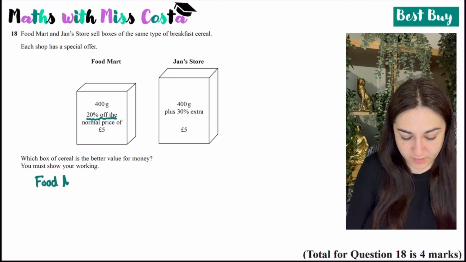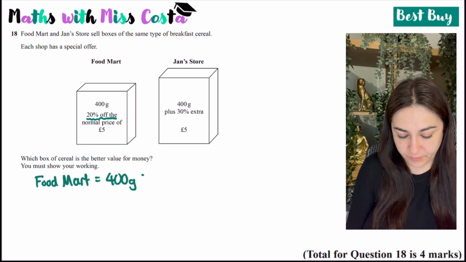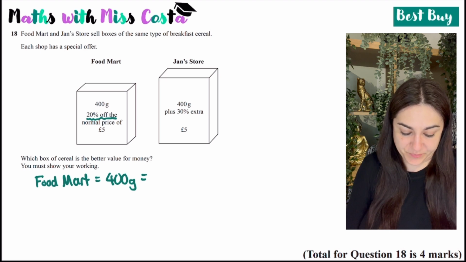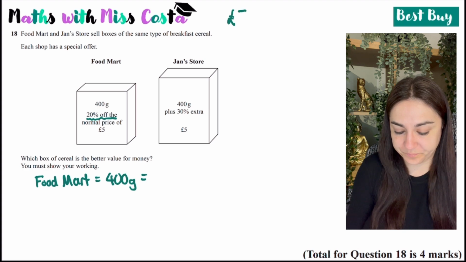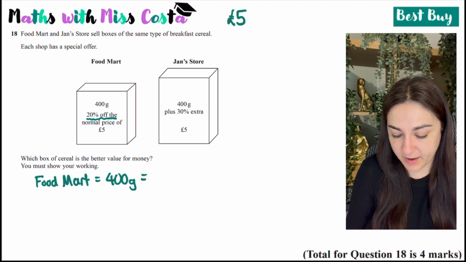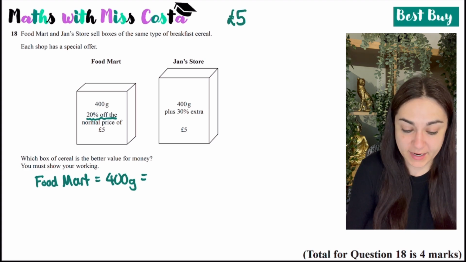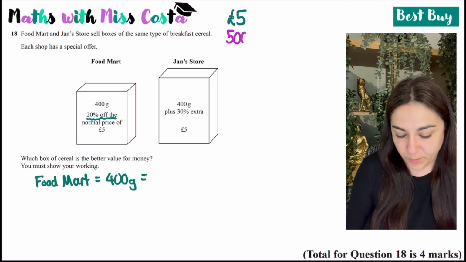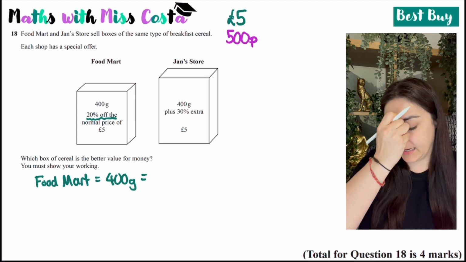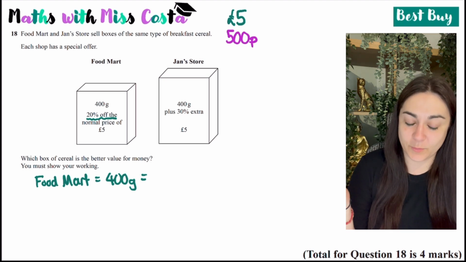So at Food Mart, I know that a 400 gram box costs 20% off £5. So the original box would have cost £5, but there's now an offer for 20% off. Now, what I could do, if you're not 100% with money, is turn that into pence to make it a little bit easier.